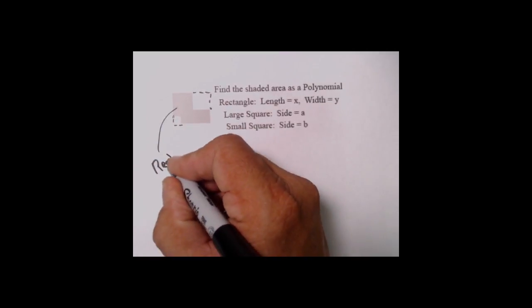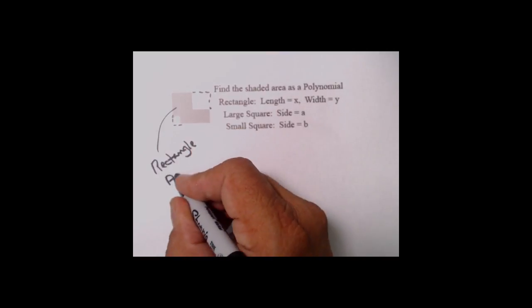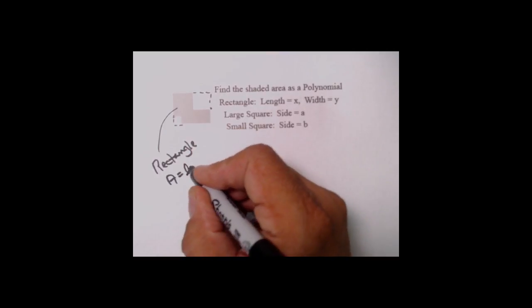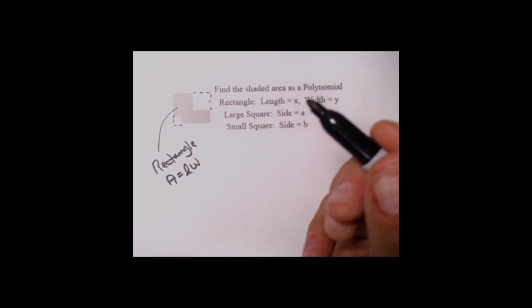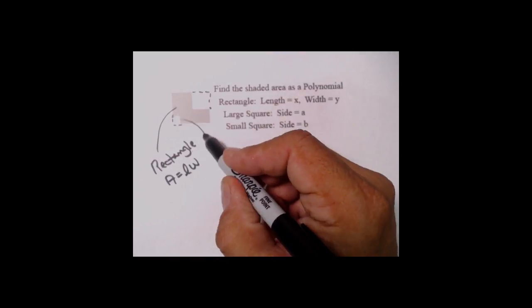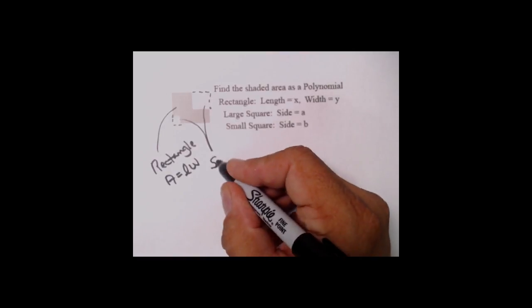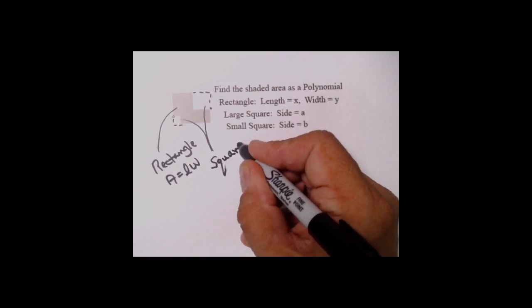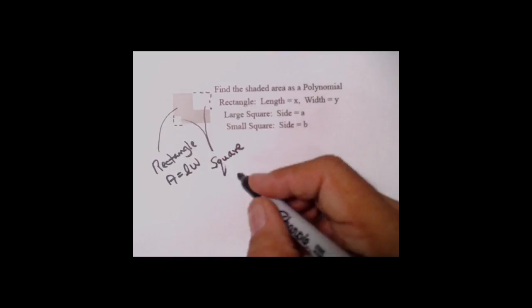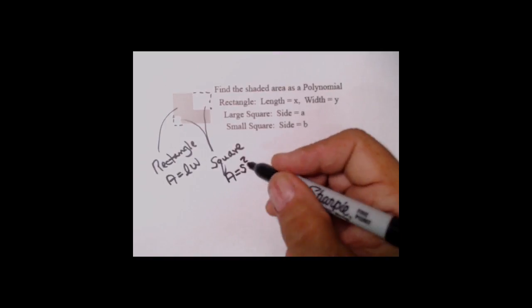Okay, let's put down what that is. And of course, remember the area of a rectangle, the generic formula, A equals length times width. Now, there are two squares here, a smaller one and a larger one. The area for a square, since the sides are all the same, is A equals S squared.